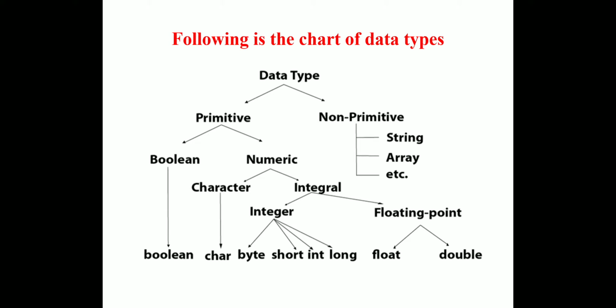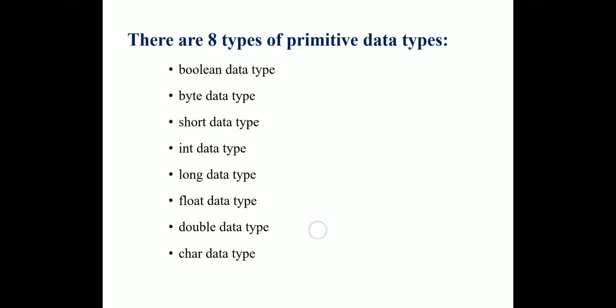In integer, there are four types: byte, short, int, long. Then in floating point, there are float and double. This is the full picture of how the data type can be classified. Hope you guys understand.